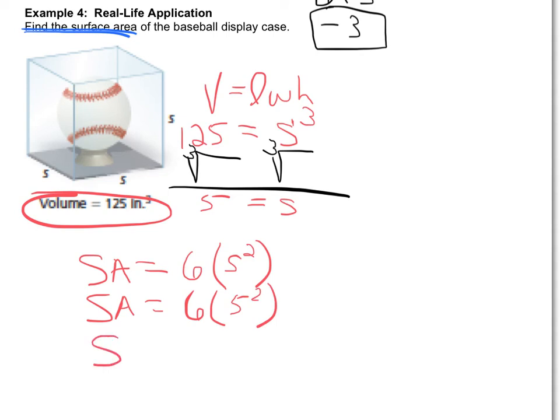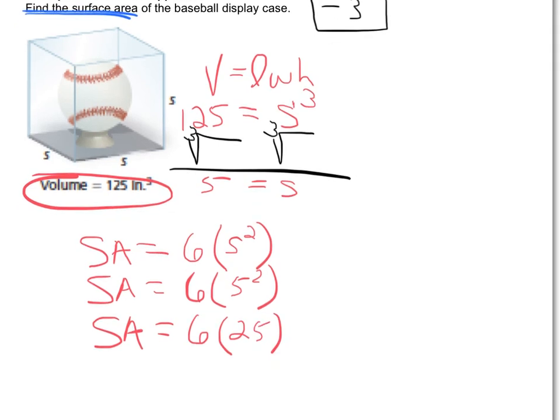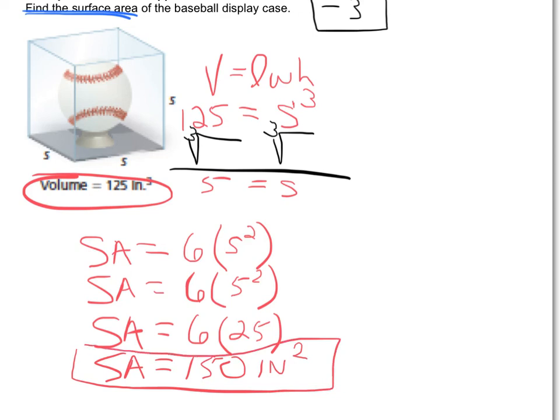We know that 5 squared is 25. And then 6 times 25 is going to be 150. Now notice volume is in inches cubed. Area is always in inches squared. So the surface area would be 150 inches squared.